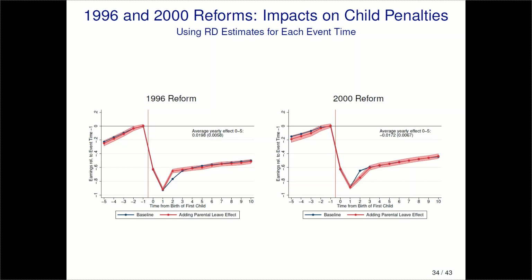But I think one story behind this is that what we're capturing here is the impact of parental leave on the earnings of the compliers, that is those that are pushed by the reform to take more leave. And so maybe people internalize these dynamic effects, so the women that are reacting to the policy by staying at home are also those who already foresee that there are no very large dynamic effects.